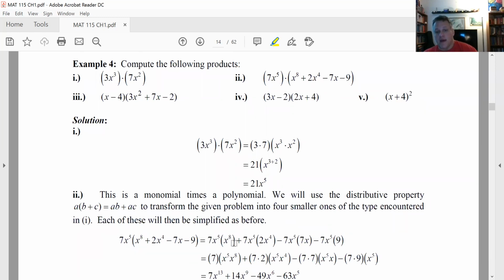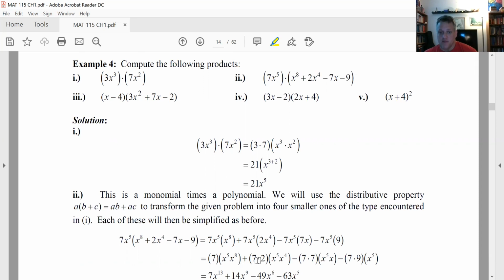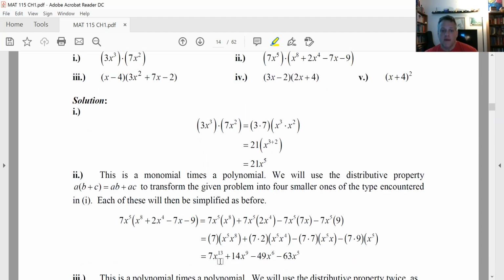But the minute you do that, you're multiplying in each of these cases a monomial times a monomial, so you're really just back to the first example. We know to do that, you multiply the coefficients together, as I do here in these parentheses, and then you apply that property that tells us to add the exponents to simplify each of those products. In so doing, you get this final expression.